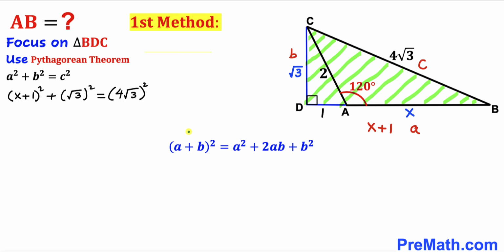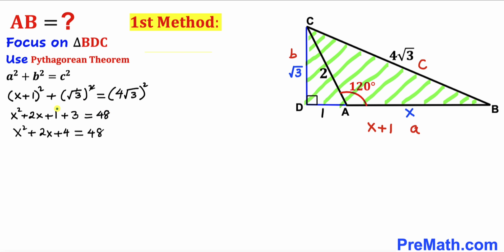Now let's recall this famous identity: a plus b whole square can be written as a square plus 2ab plus b square. We are going to apply it on this binomial. So this is going to become x square plus 2x plus 1, plus this square and square root undo each other. So we get 3 equals 48 on the right hand side.